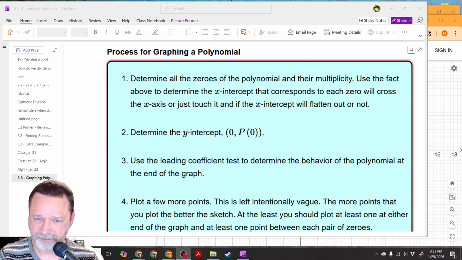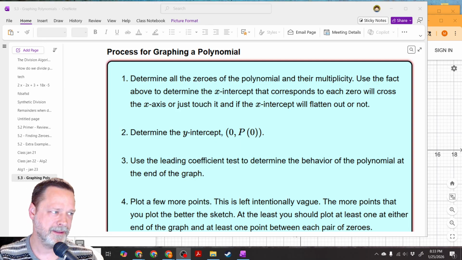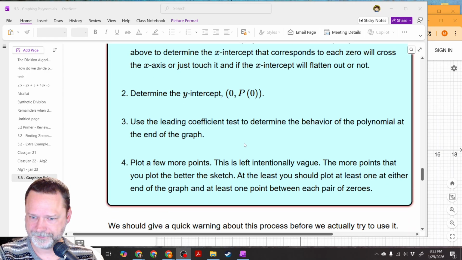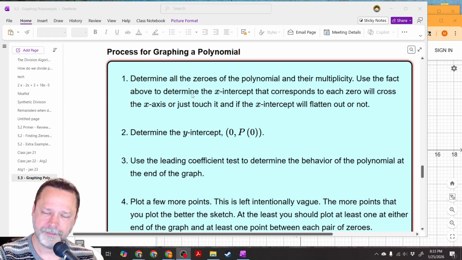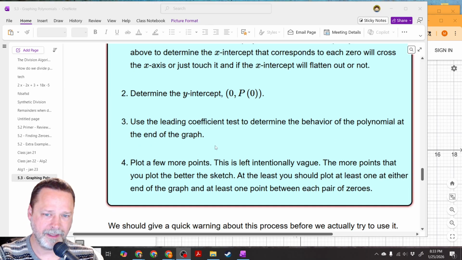Okay? So here's our process for graphing a polynomial. And these are the steps. You don't have to follow these steps precisely in this order, but it is good to include all of these at least. Okay? So determine all the zeros for a polynomial and their multiplicity. Determine y-intercepts. So we get our x-intercepts, get our y-intercepts. Nothing new there.